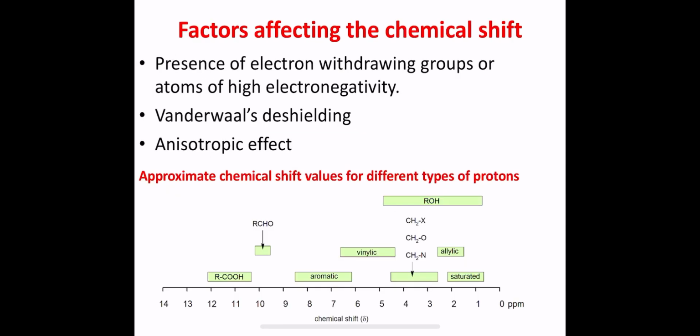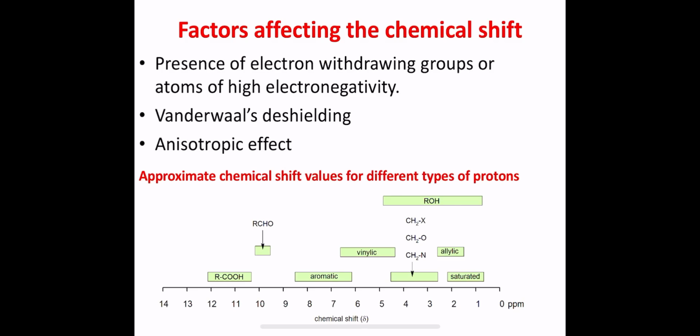And the next important thing is the factors affecting the chemical shift. The position of a signal in the NMR spectrum is decided by shielding and deshielding of the protons. Deshielding of the protons shifts the signals towards higher frequency, that is, higher delta value or downfield, whereas the shielding effect shifts the signals towards lower frequency or upfield.